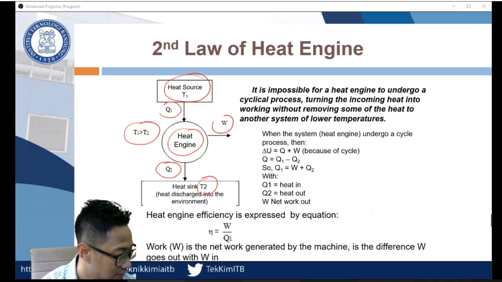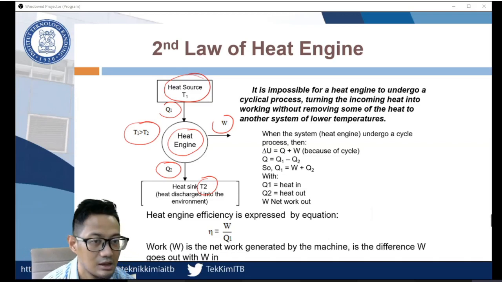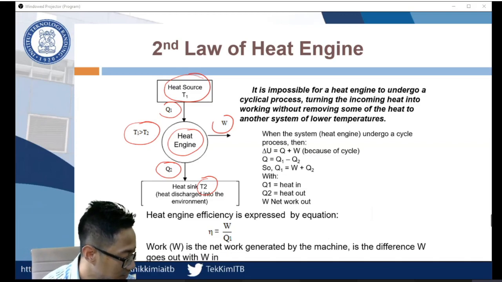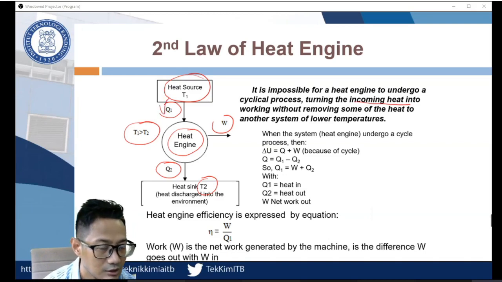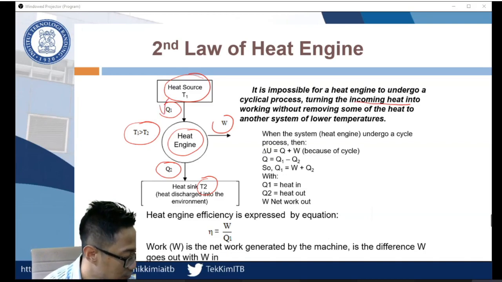Okay, so that's why there is a sentence in bold: it is impossible for a heat engine to undergo a cyclical process, turning the incoming heat, this one, the Q1, into work without removing some of the heat to another system of lower temperature.